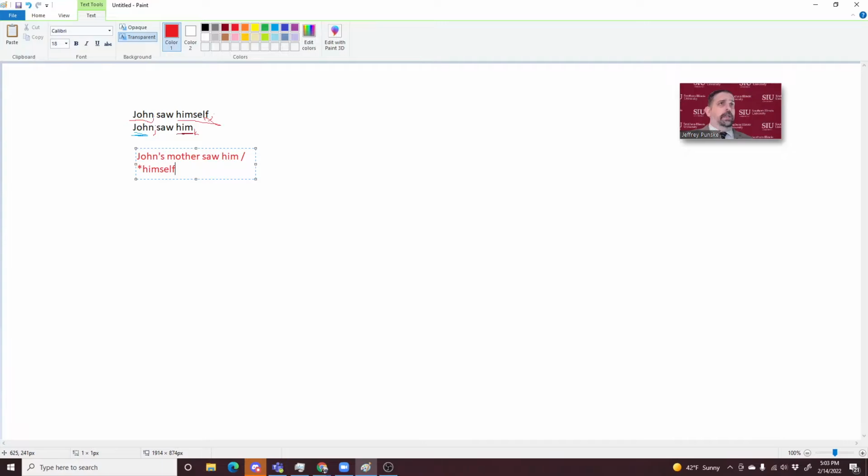Potentially there could be a co-indexation relationship between John's mother and himself, if John's mother now identifies with he, him pronouns. But with this relationship where we want John to co-refer with himself, this is ungrammatical. And it's these types of observations that are going to be really critical for us.